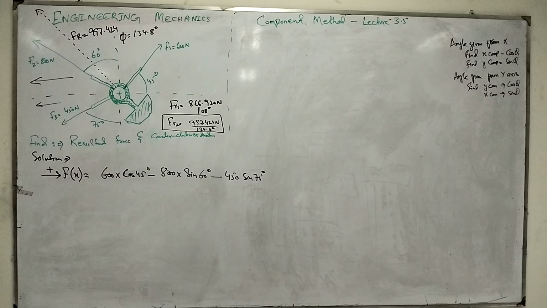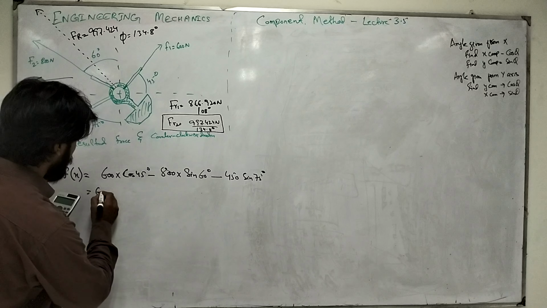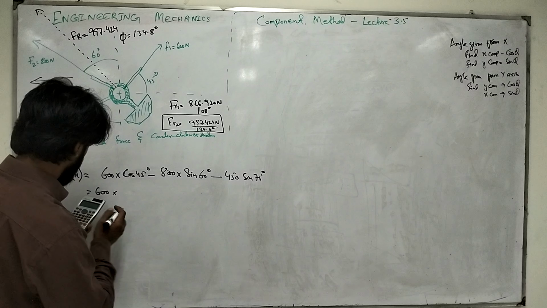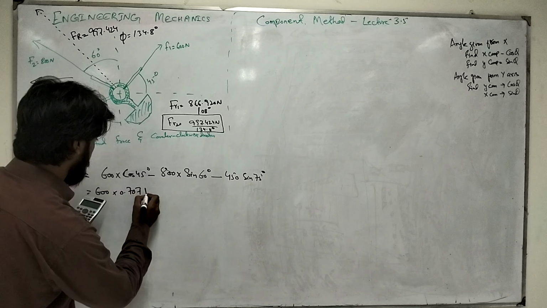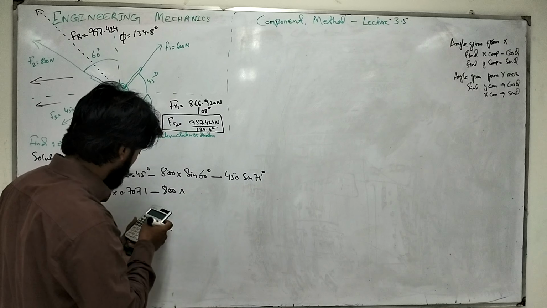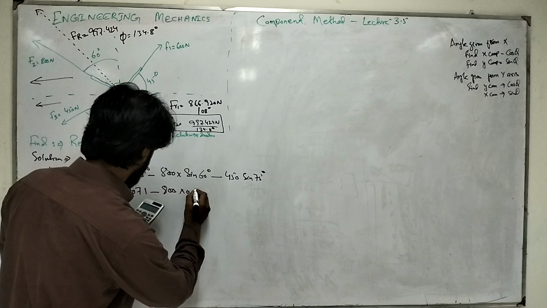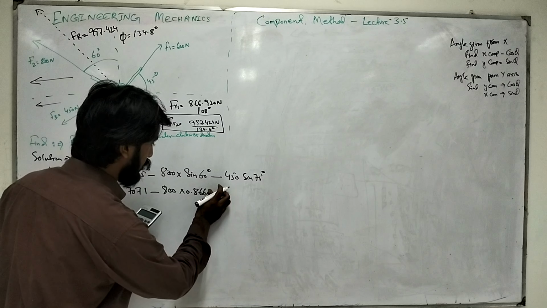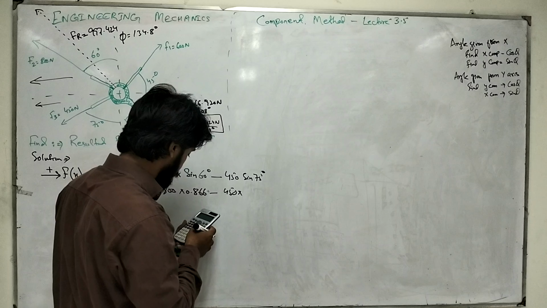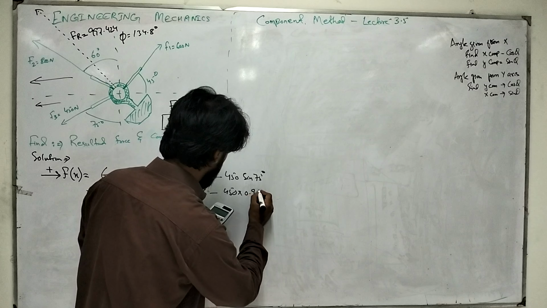Since we have this, we need to calculate it. So 600 multiplied by cosine 45, which is 0.7071, minus 800 multiplied by sine 60, which is 0.8660. I am not going to write it over here because it is understood. Then 450 multiplied by sine 75, and sine 75 is equal to 0.9659.